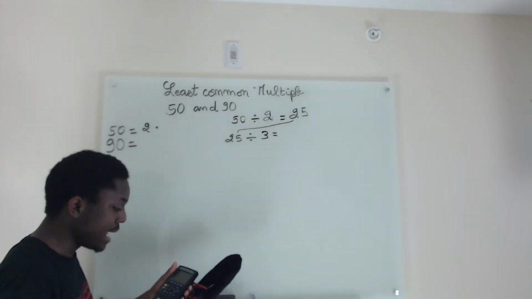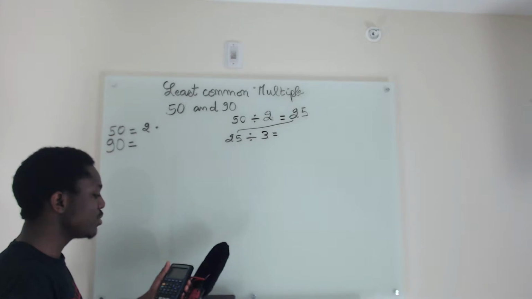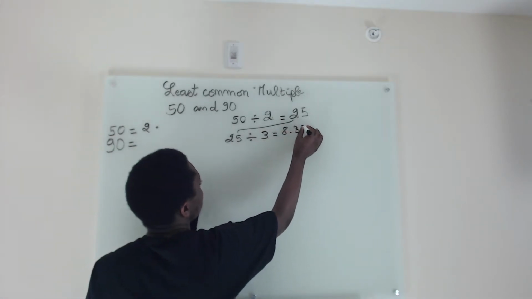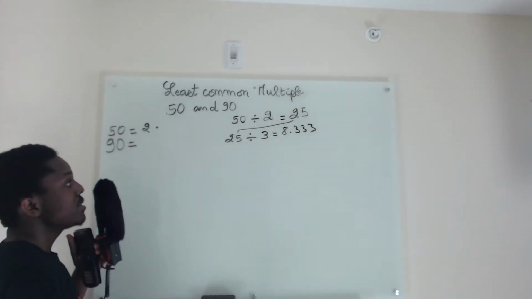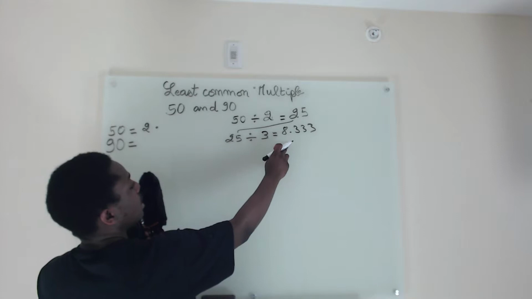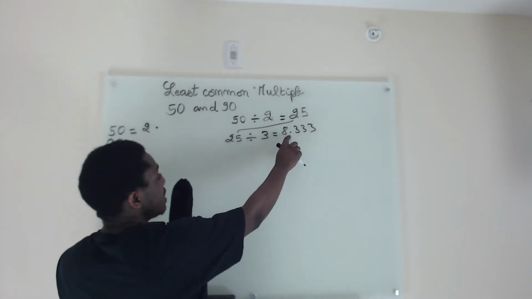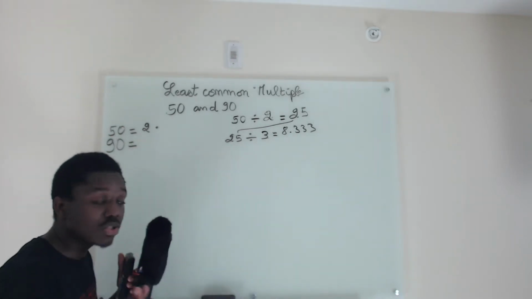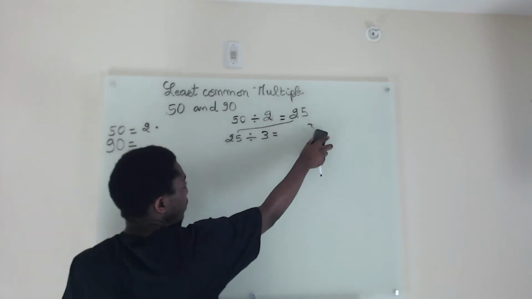Again, I take my calculator and I put 25 divided by 3, which is 8.33333, and it keeps going on. Since my answer is a decimal number, a number that contains a decimal point, this number right here is not good. So I have to change it to the following number.